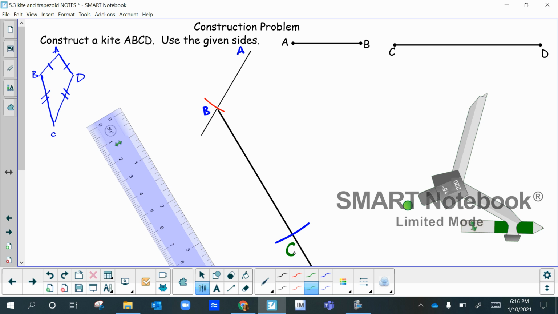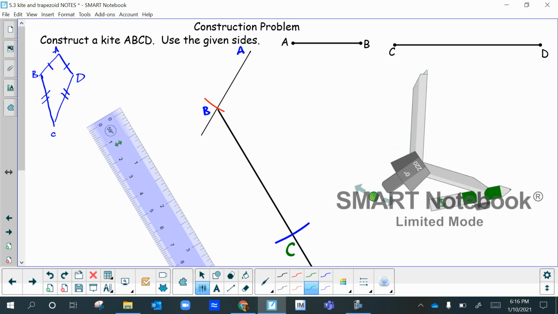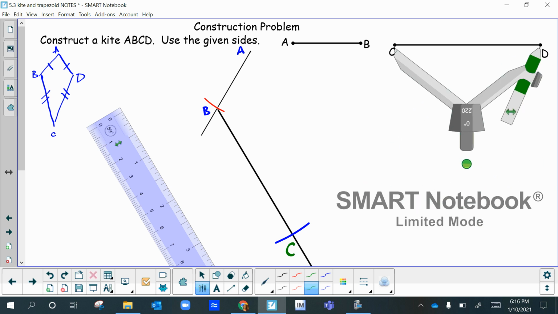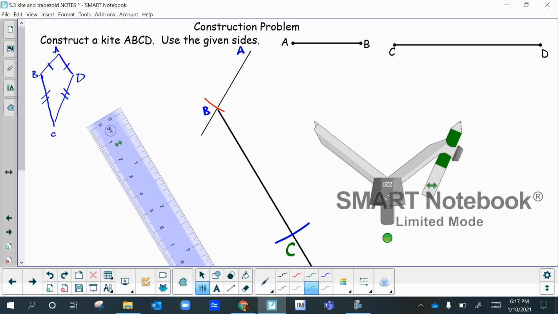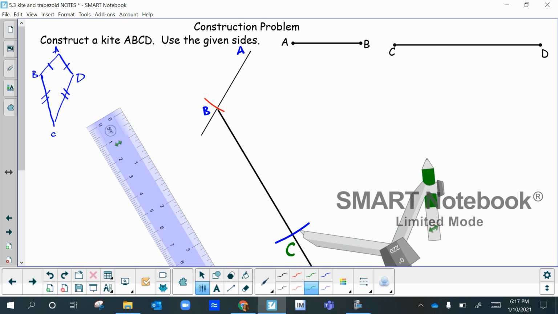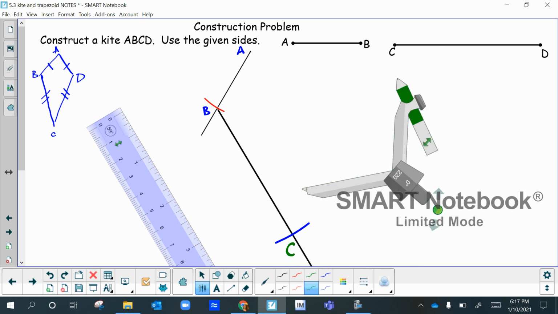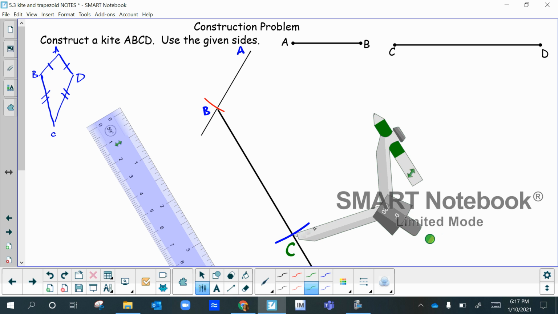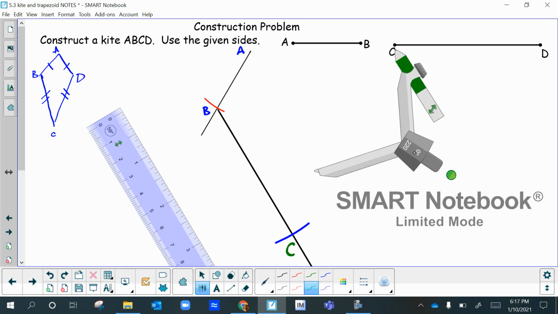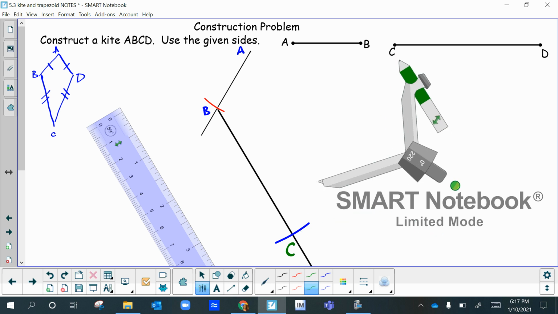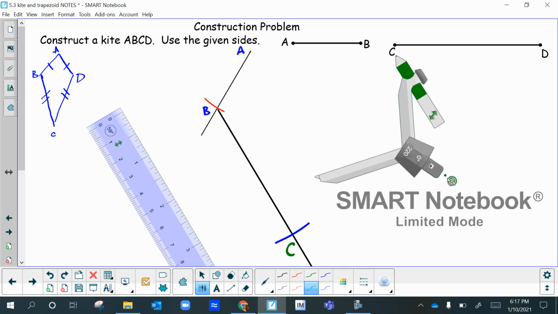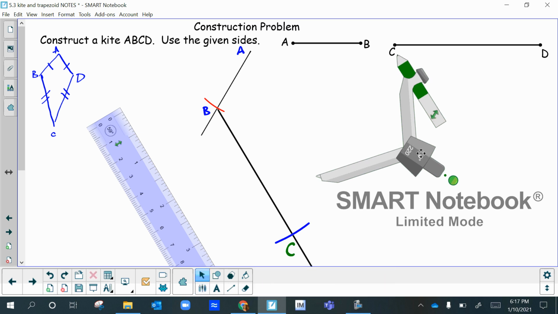Now I just need the other two sides. You know that they have to be congruent to each other. Since I already have this length on my compass, I know that side CD is going to start from C. So I'm going to place it on point C. Hold on, give me one second while I work with technology.